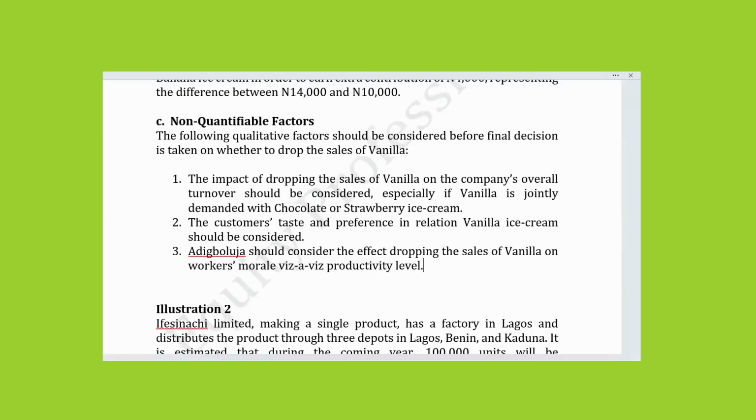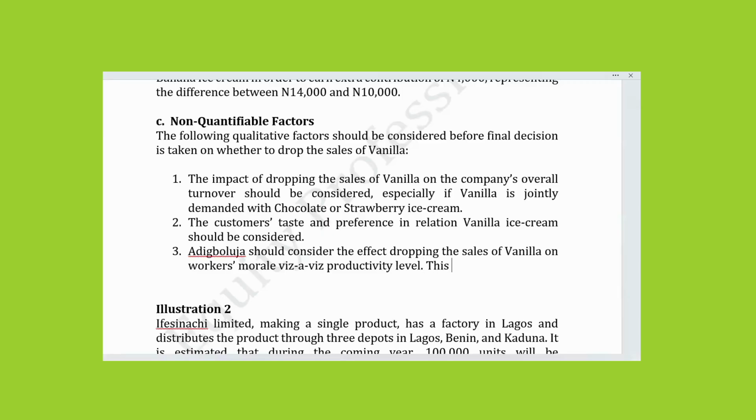All right, because the current workers on chocolates as well as strawberry will become apprehensive of job loss. You can just put it there.